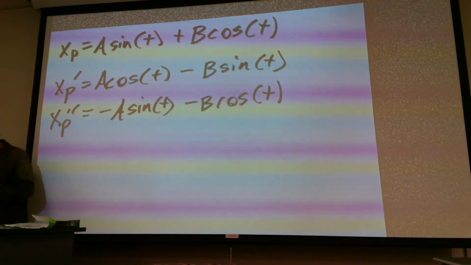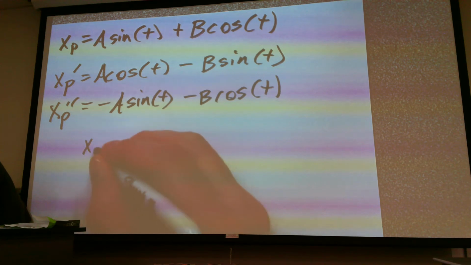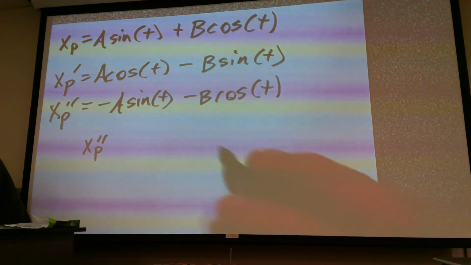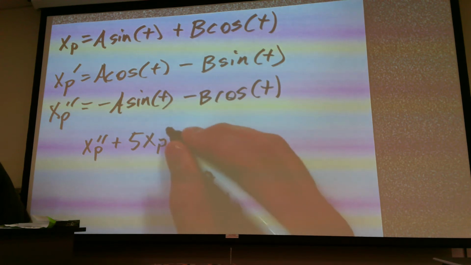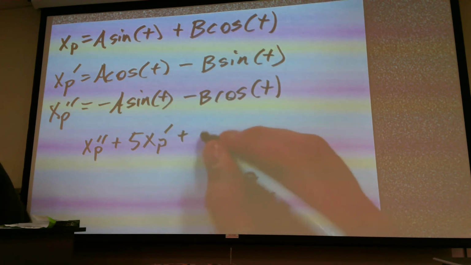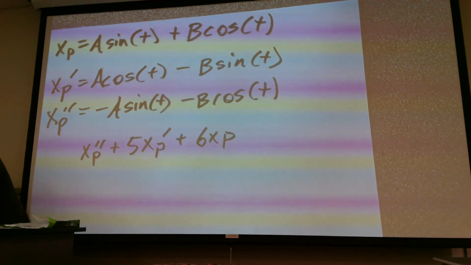And so the problem that we're looking at is x sub p double prime, plus 5 x sub p prime, plus 6 x sub p.